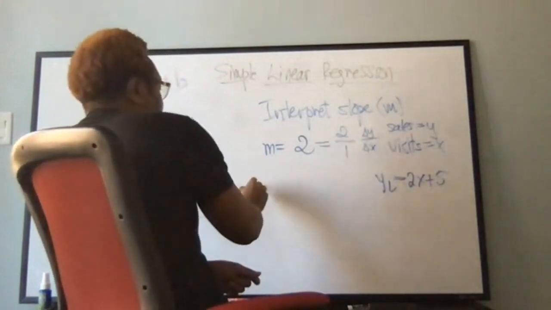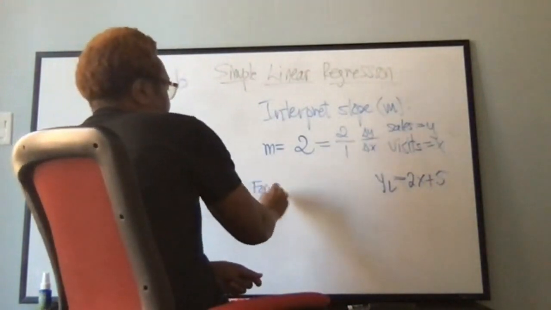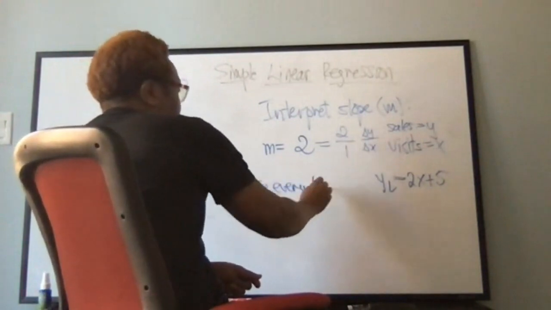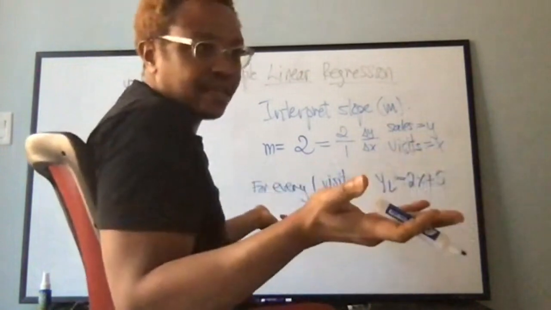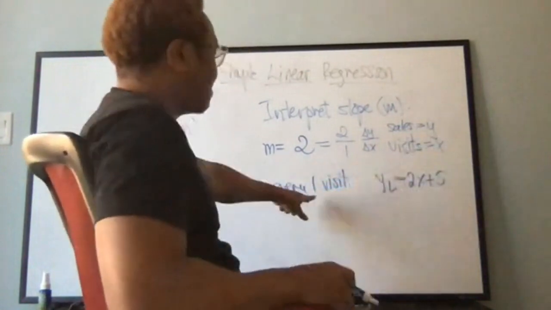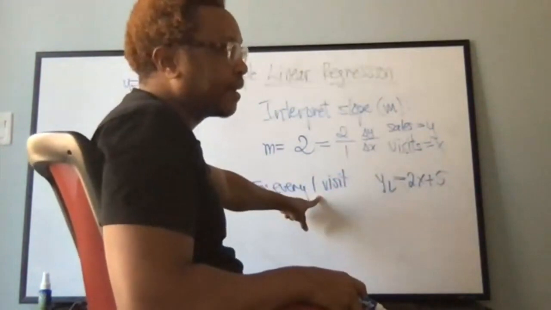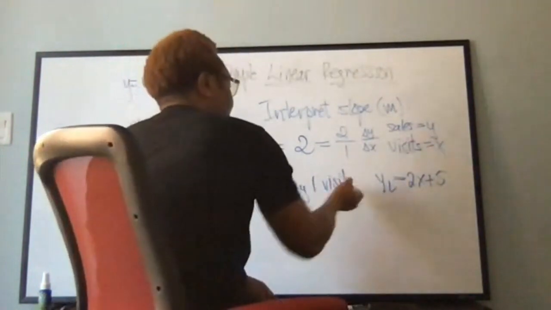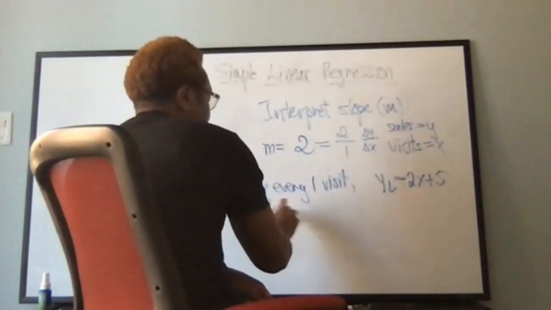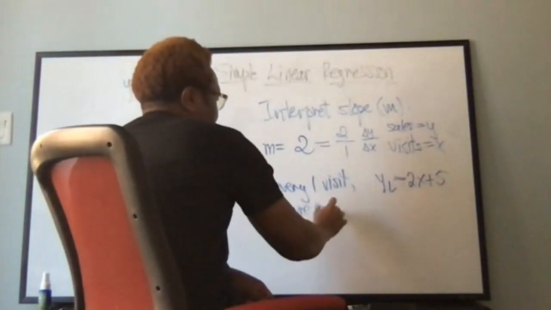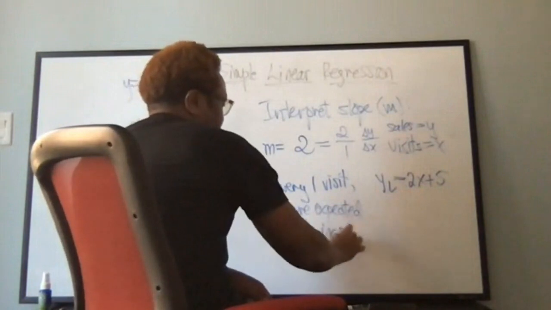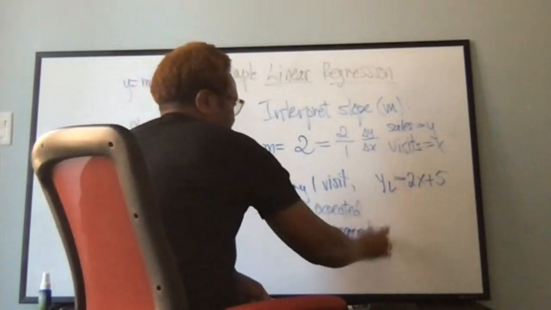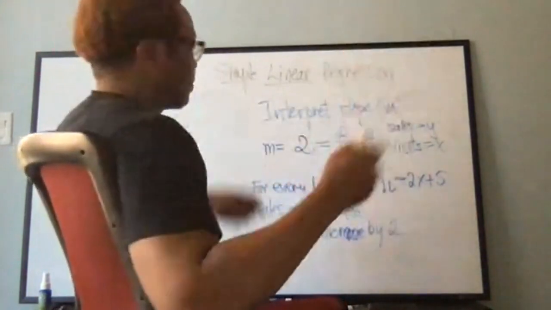So this looks like, for every 1 visit, or you can just say for every visit, there's nothing magic about that number 1, sales are expected to increase by $2 or whatever.